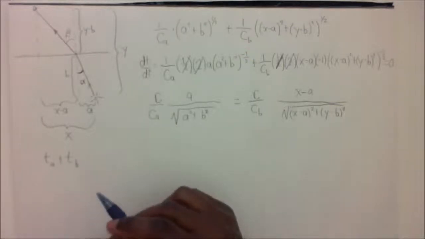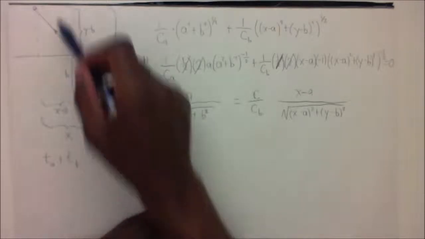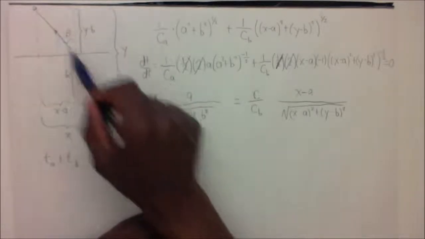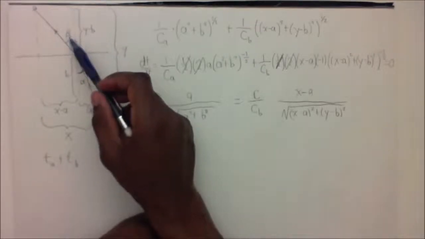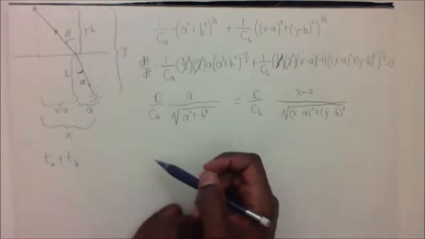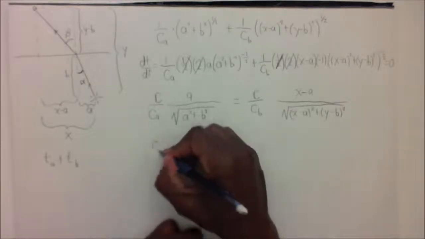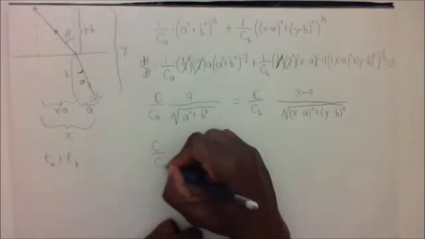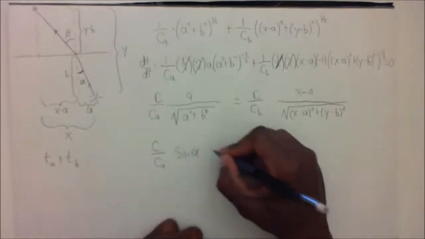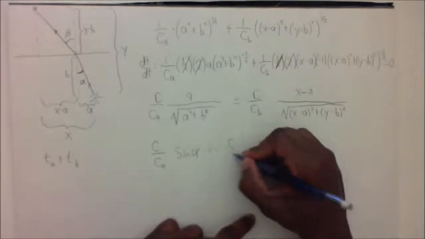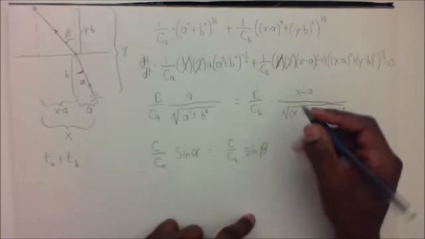Similarly, if we take x minus a, which is this distance here, and divide by that total distance, that's the sine of beta. So we can say now c over c sub a sine alpha is equal to c over c sub b sine beta.